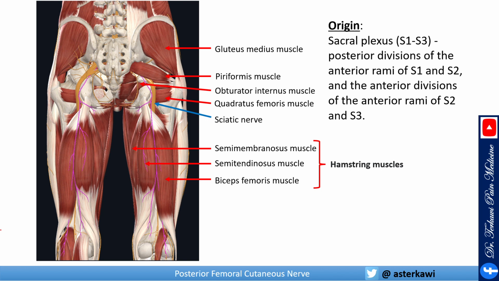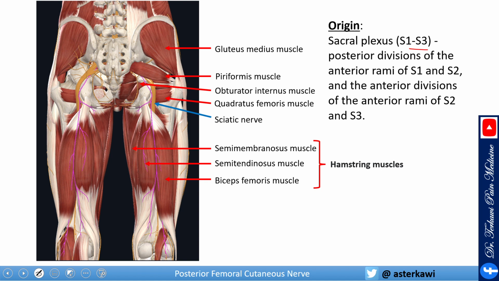First, the posterior femoral cutaneous nerve arises from the sacral plexus, specifically from S1 to S3. More specifically, from the posterior divisions of the anterior rami of S1 and S2 and the anterior divisions of the anterior rami of S2 and S3.